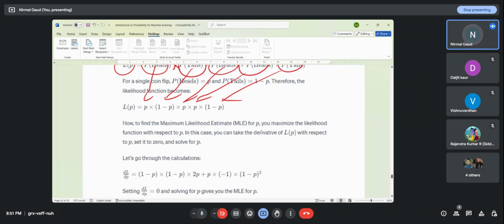नाउ टू फाइंड अ मैक्सिमम, ये तो लाइक्लीहुड फंक्शन है. मैक्सिमम निकालना तो भाई लॉग लो, डिफरेंशिएट करो, लेकिन इन्होंने लॉग लिया नहीं, यहाँ पर डायरेक्ट डिफरेंशिएट मारना. Either you can take a log.